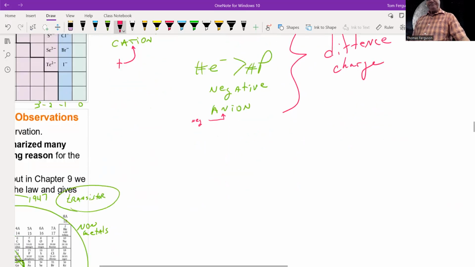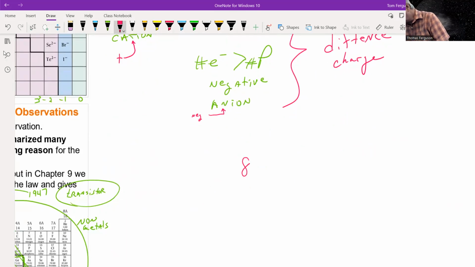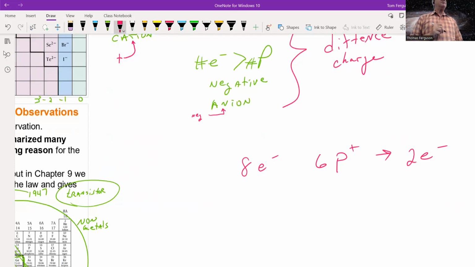So, for example, what's the net charge there? This is the more complicated math. 8 minus 6 is 2, so you have a 2 electron surplus.